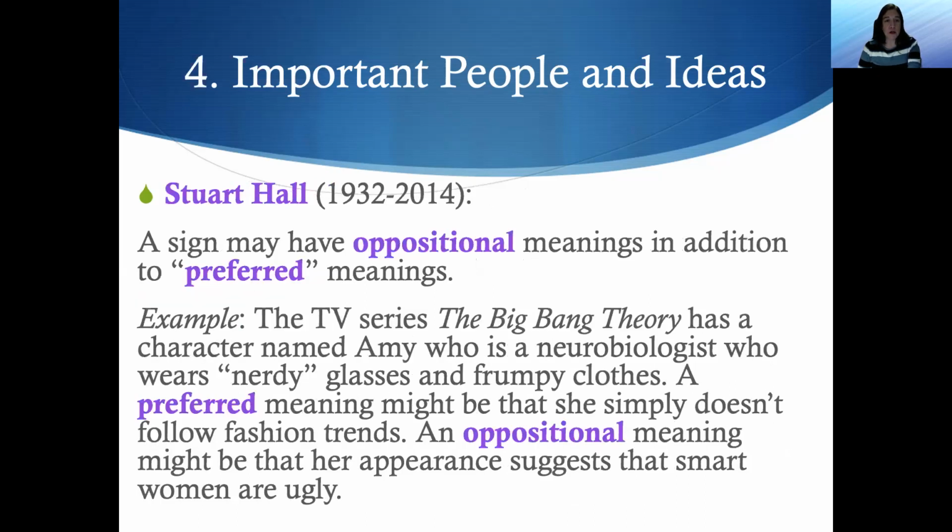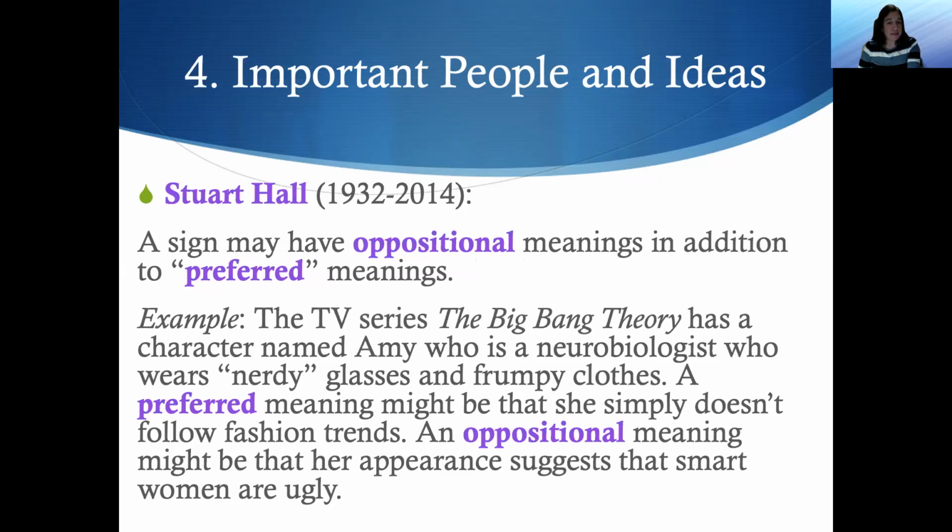Then we have Stuart Hall, and Stuart Hall told us that a sign may have oppositional meanings in addition to preferred meanings. Example, the TV series The Big Bang Theory. It had a character named Amy, and she was a neurobiologist, and she looked a certain way.